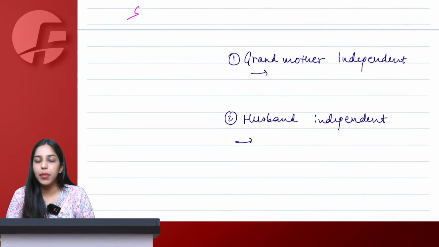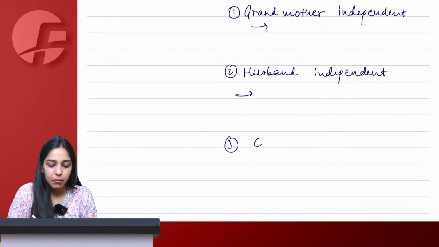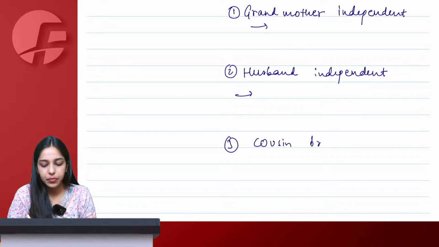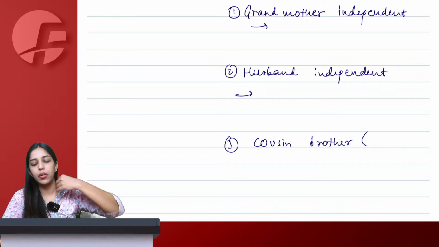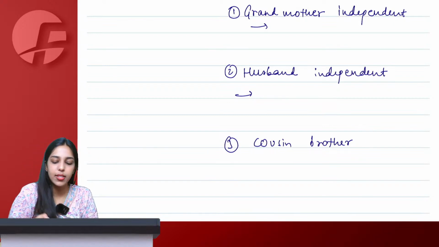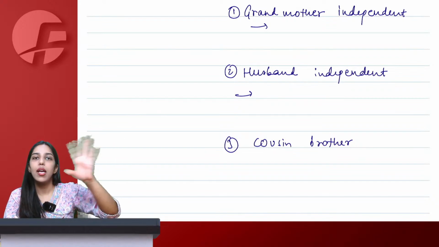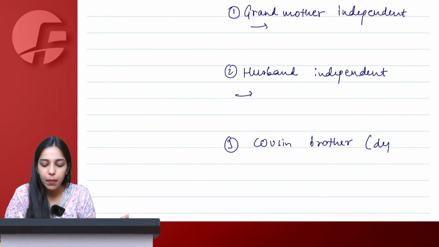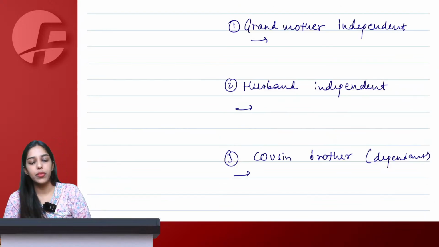Will he be my related person? Yes or no. Third, my cousin brother. Let's say my first cousin I'm talking about. My uncle's son, my real uncle's son, he stays with us only. I take all his expenses and everything. So he is completely dependent on us. Will he be my related person? Yes or no? Tell me.